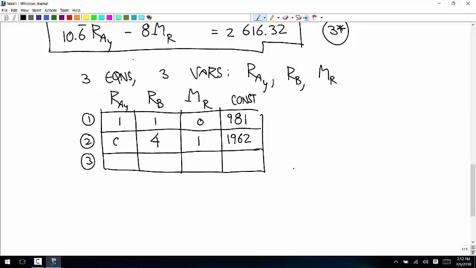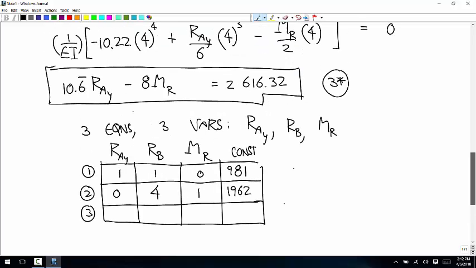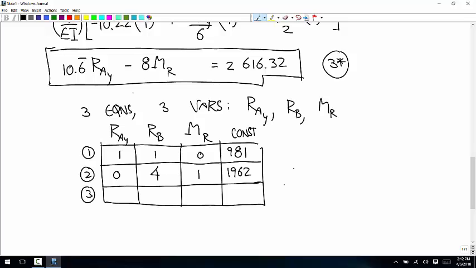There's zeros. And then the last one, RAY, we have 10.6 repeating. MR, we have -8. Constant is 2616.32, and that's 0.